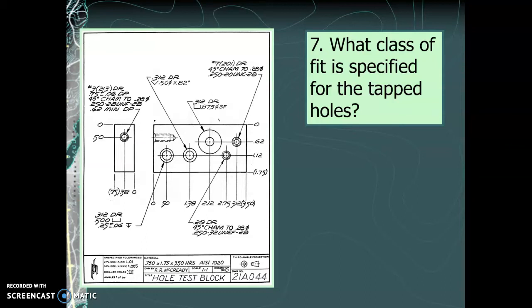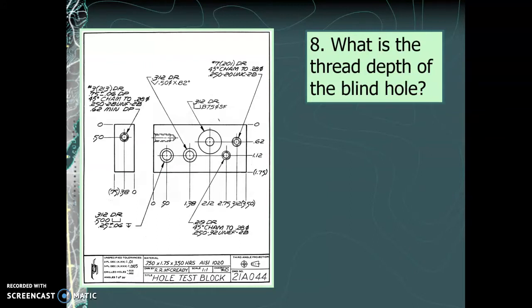And actually, if we find all of our tapped holes, here's one hole note, here's another, and you'll notice that they all have 2B, 2B, and 2B. So that 2B indicates that the B means that they are internal threads inside a hole, and the 2 is the class of fit. So these are class 2, which is the standard default class.